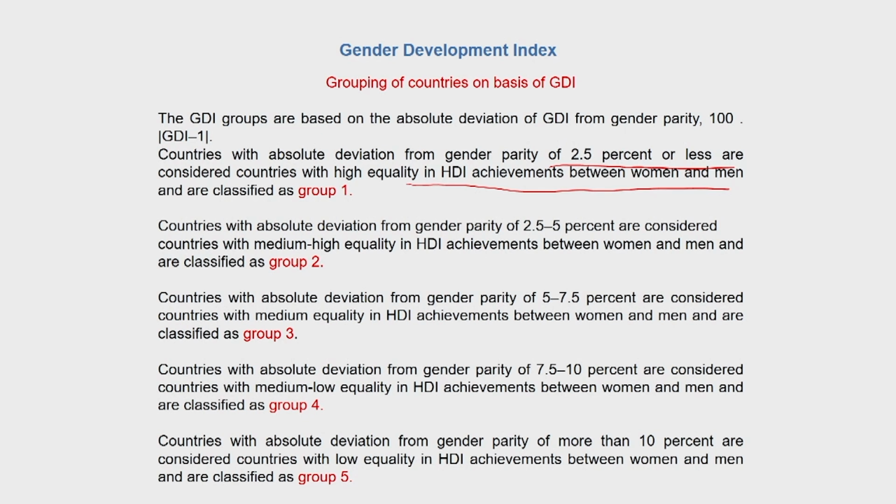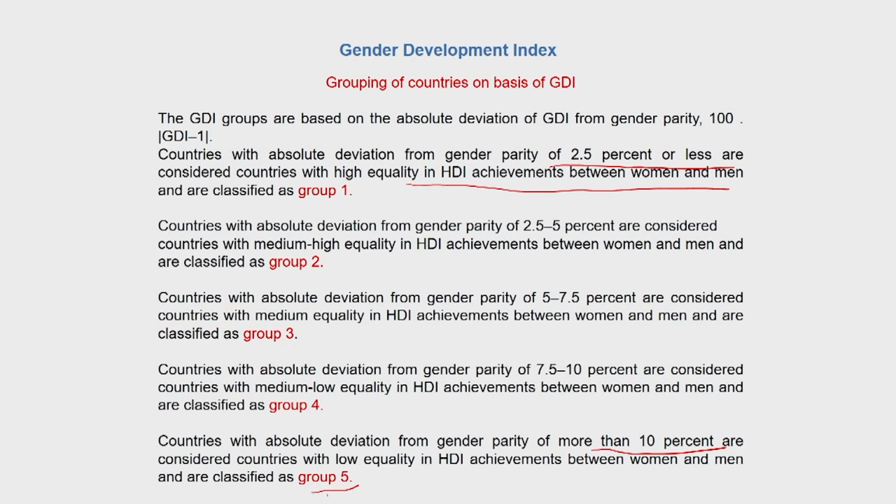Countries with absolute deviation of 2.5 to 5% are considered as medium-high equality in HDI achievement. So they are group 2, 5 to 7.5% group 3, 7.5 to 10% group 4, and deviation from gender parity of more than 10% are countries with low equality in HDI achievements between women and men.